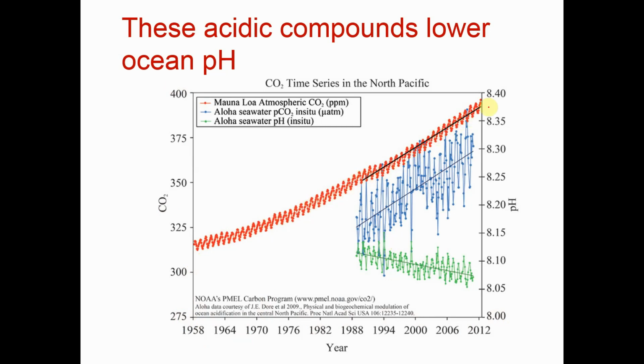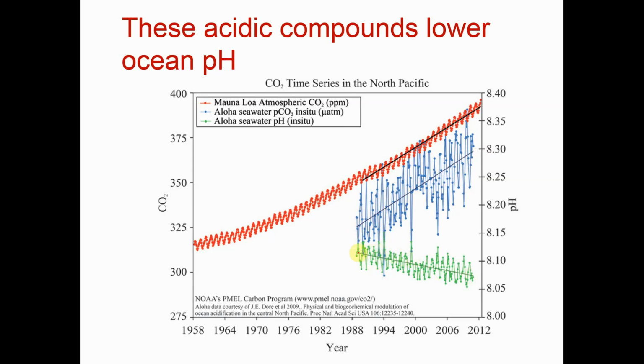Now we can also look at the CO2 level in the ocean because we've got the Aloha seawater pCO2 in situ. This is the CO2 increasing in the ocean over the same period. Unfortunately, we only started collecting these data in the late 80s. Also, we can see what's happened to the pH of the ocean at the same time.